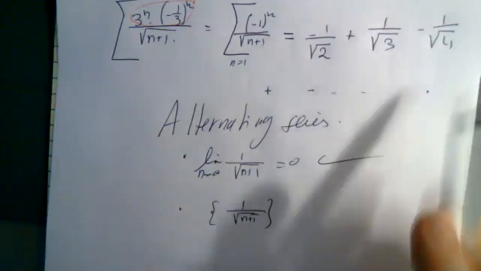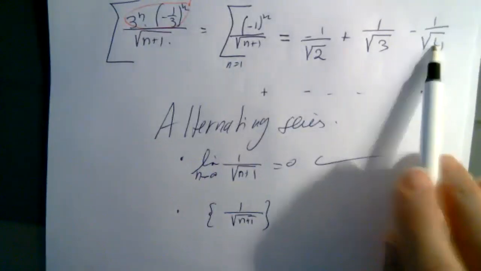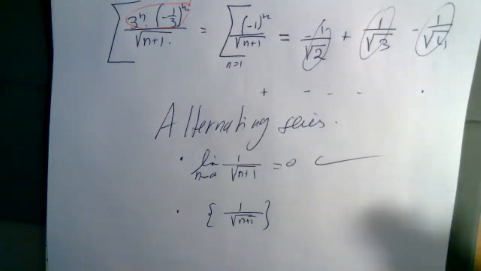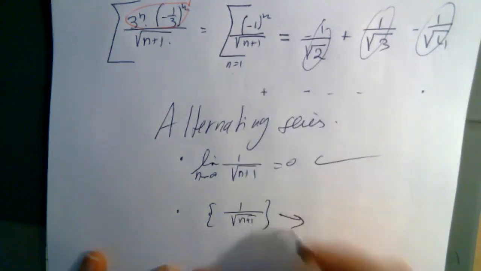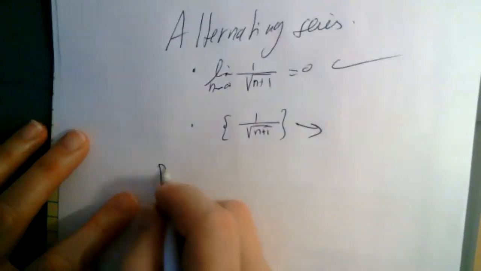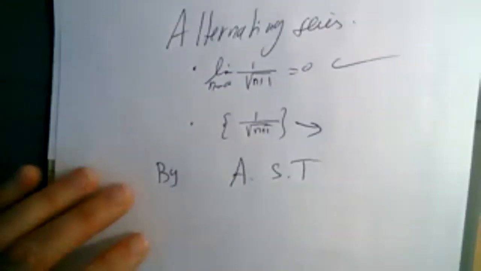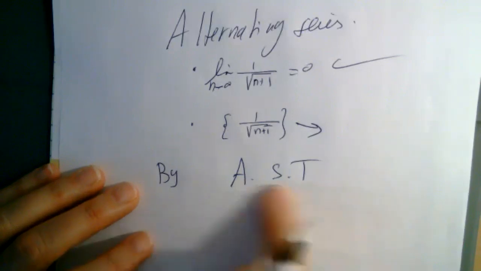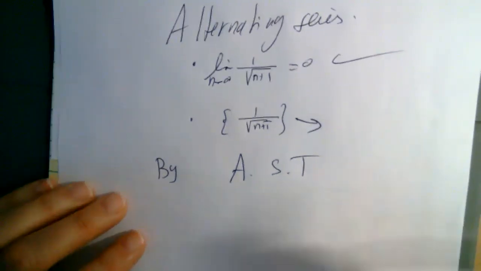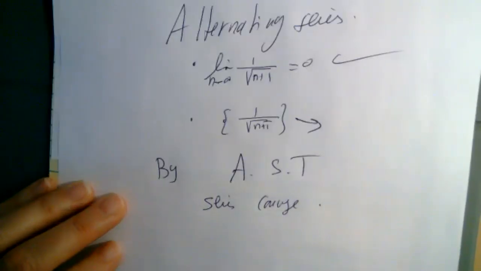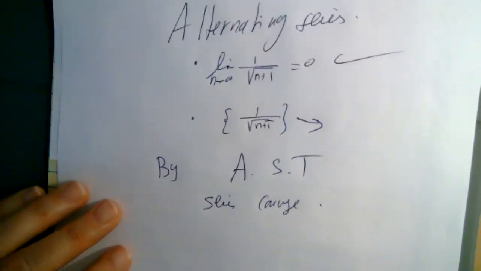As n is getting larger, of course, those positive pieces of the term are getting smaller. This is decreasing. So by the alternating series test, the series will converge. Okay? So this is what happened at the endpoint.